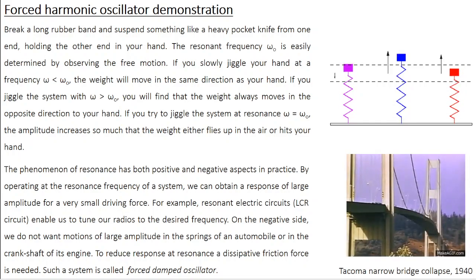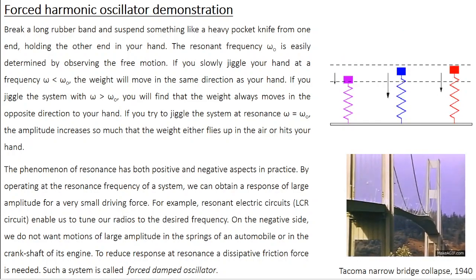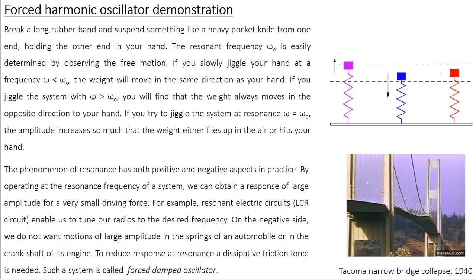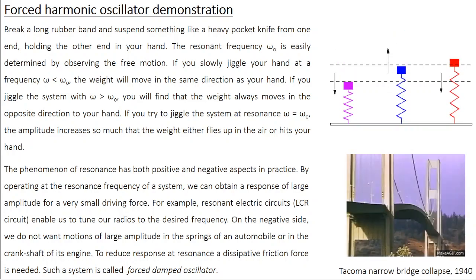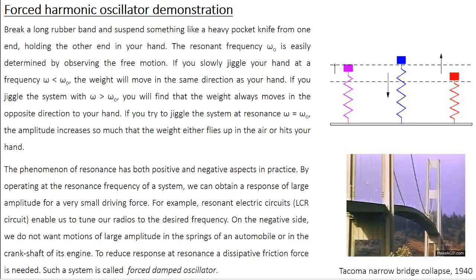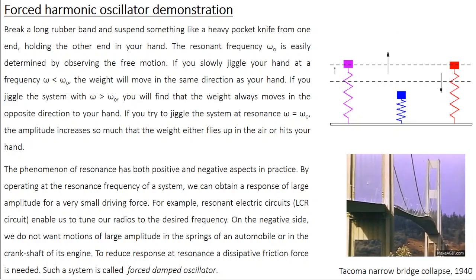Resonance is also very bad when it comes to long bridges, especially suspension bridges. If you look at a very long suspension bridge, it has some inherent oscillation, so it has a natural frequency. Now if you apply a very high external force, and by chance the driving force matches the natural frequency of the bridge, then the bridge is going to oscillate with very high amplitude.